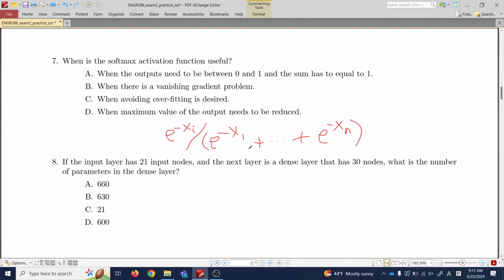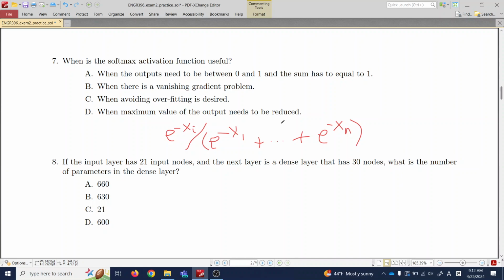Secondly, if you divide these values by the total sum, then after you get these values from each of the nodes, you add them all, and you end up having the total sum to be 1. In other words, if you apply the softmax to the output of a layer, every value becomes between 0 and 1, and they add up to 1.